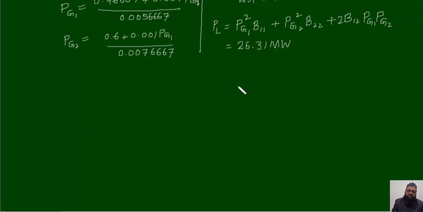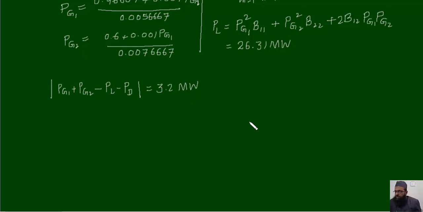We need not generate more than required, otherwise that solution will not be economical. So just check the magnitude of Pg1 plus Pg2 minus loss PL and load, total demand. So this magnitude is coming out to be 3.2 megawatt. I need to check it.